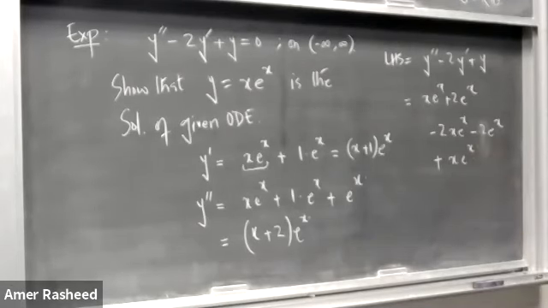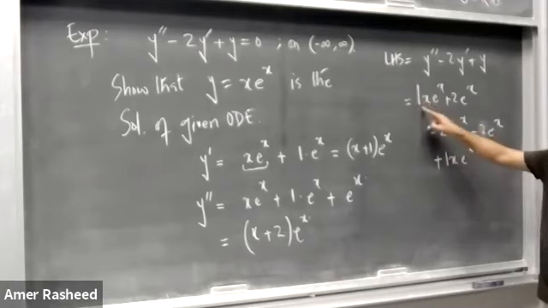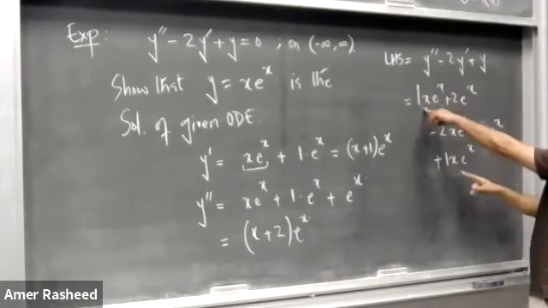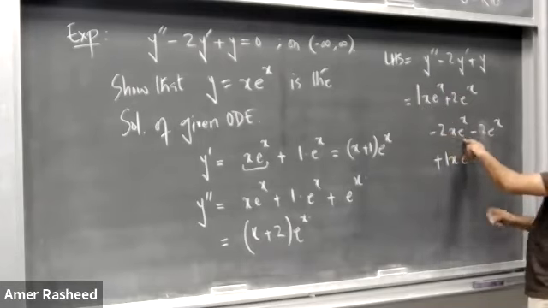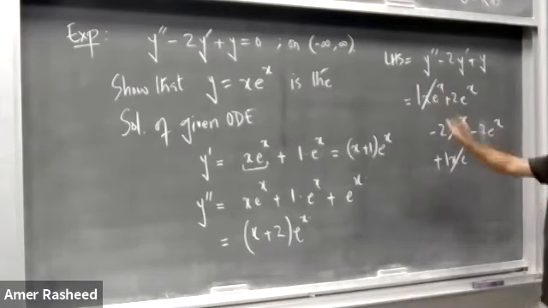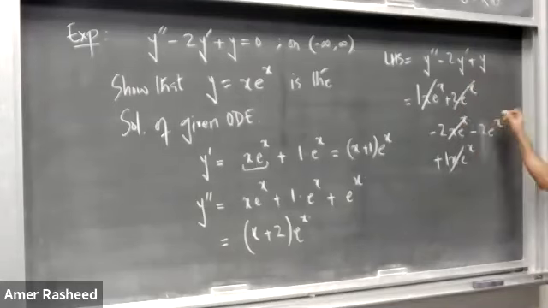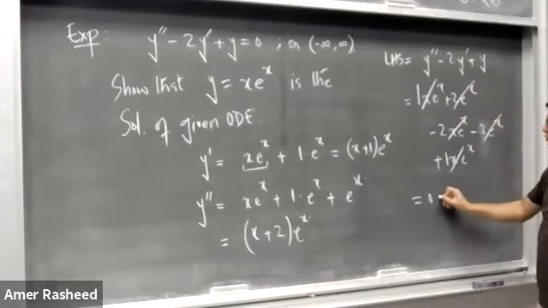You can see that we have 2x e raised power x if we add up these two, and we have negative 2 e raised power x. This term will be cancelled with these two, and this term will be cancelled with this. So we get 0, which is the right hand side.